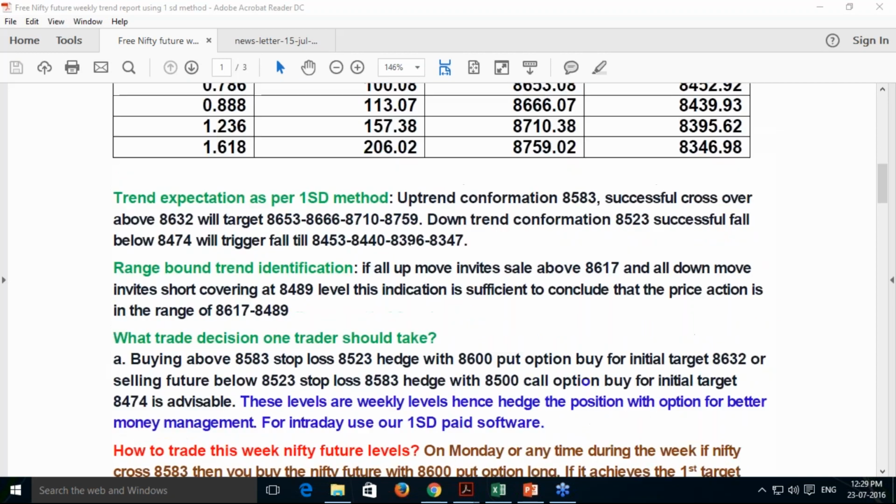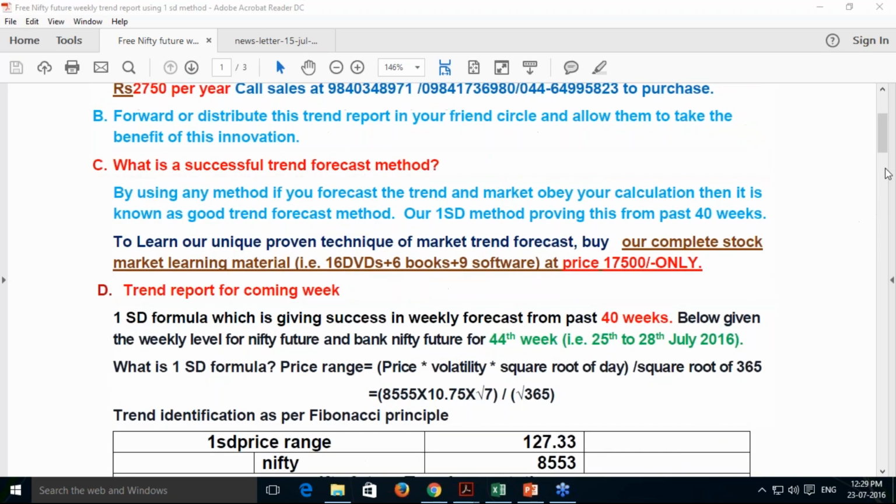However, we can still think of an up move because the put call ratio still rules above the 1.10 level. Currently I think it is 1.10 or 1.12 in the Nifty. So as long as the put call ratio has not changed its direction, you may think that the trend should be up. So this is how you should trade for next week.